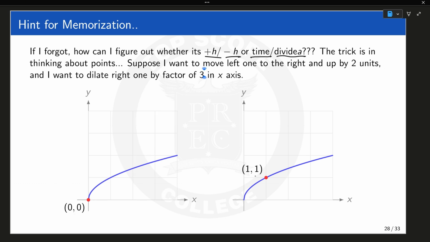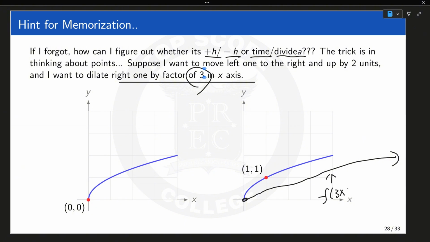Now, similarly, if I want to dilate the right function by a factor of 3 in the x-axis, then obviously the graph would look something like this. It's wider out. But is that supposed to be f(3x) or f(x/3)? Well, we look at an important point, which in this case could be (1, 1), or it could be other points, but (1, 1) is the simplest.